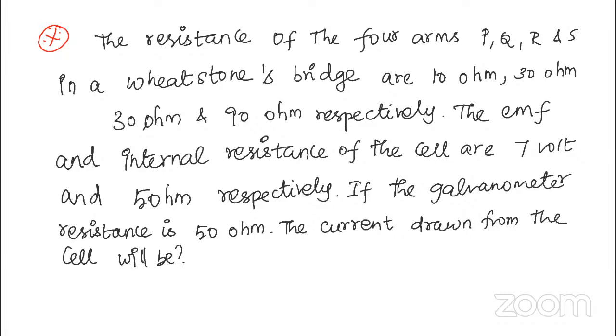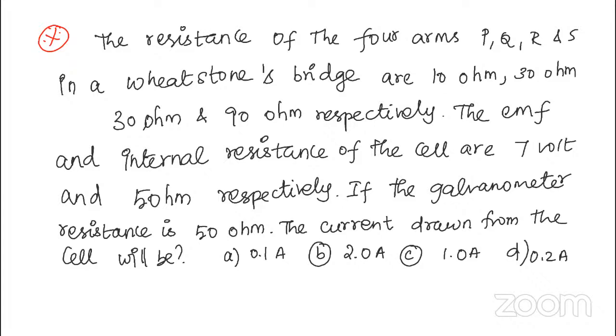So they have given the options: A is 0.1A, B is 2.0A, C is 1.0A, and D is 0.2A. Okay.